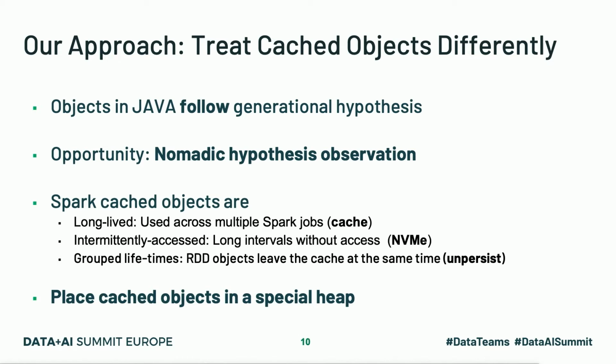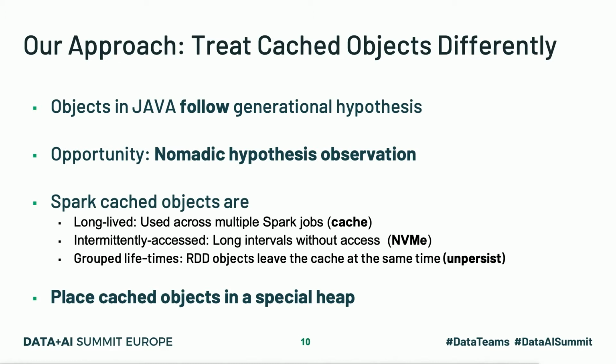The Spark cache objects have a long lifetime because we use them across multiple Spark jobs. Also, they are intermittently accessed, because we can create them, cache them, and have a long interval without accessing them until we have an operation that will use these cached RDDs. And finally, the objects of a consistent RDD have the same lifetime.